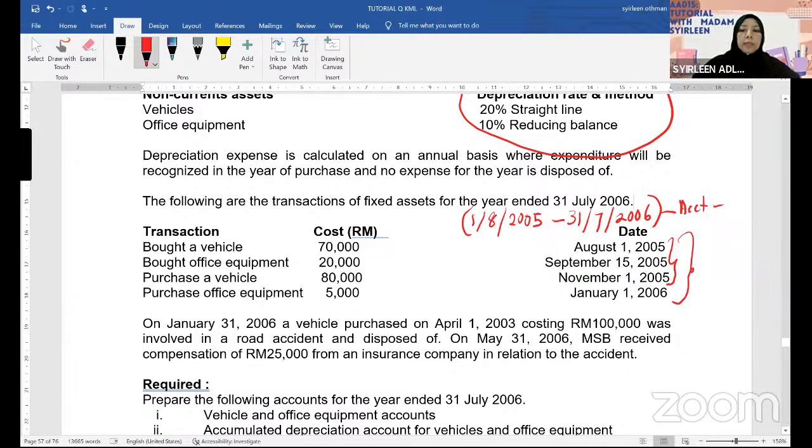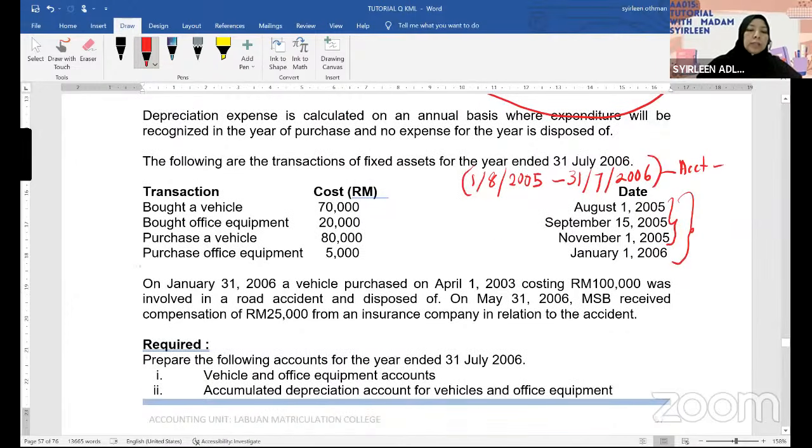Alright, and then what happened? On January 31st, we had an accident. The accident involved the vehicle bought on April 1st, 2003.